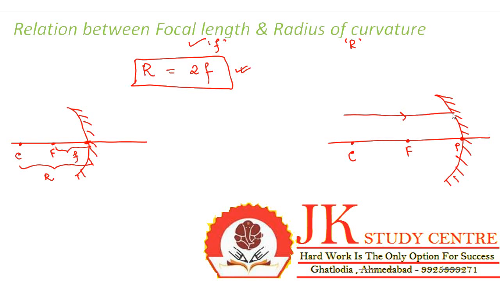When it strikes the mirror, it gets reflected, and the reflected ray then passes this way. There is another ray which passes through this center of curvature. Now let us suppose that this angle is theta, this angle is also theta.